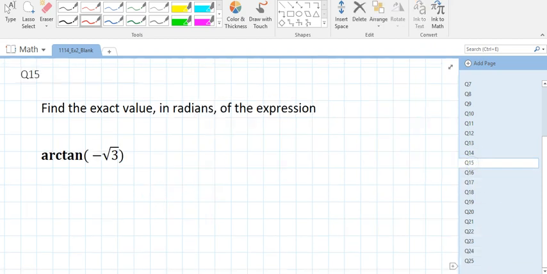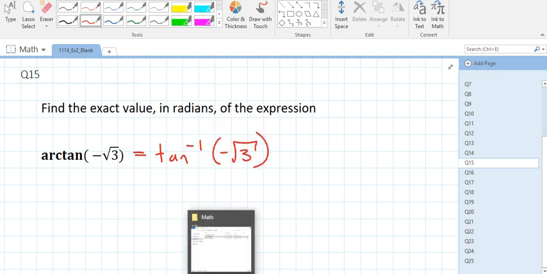Question 15. Same idea. We're just going to keep hitting you up with these questions for basically till 19. We're just asking you the same question over and over again. Find me the inverse. Again, don't let the word arctangent throw you off. It means the same thing as inverse tangent.